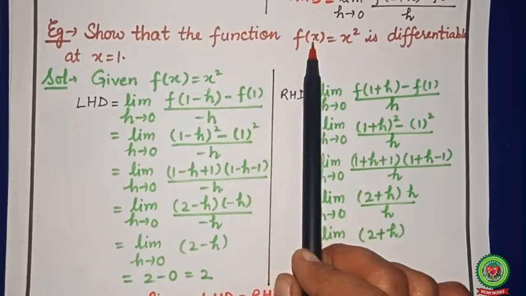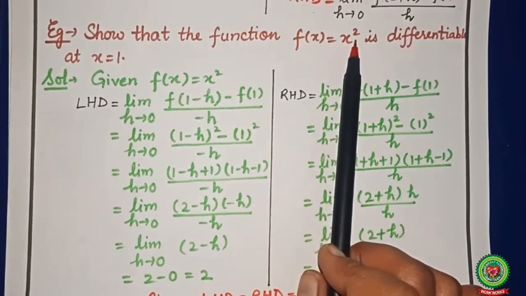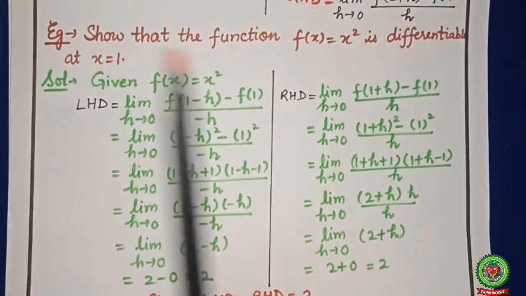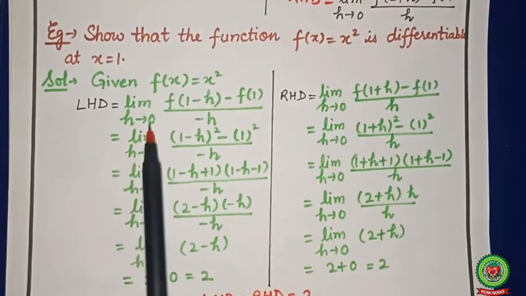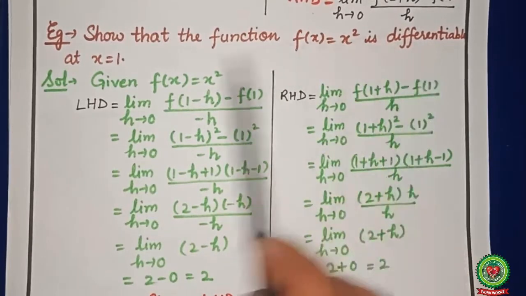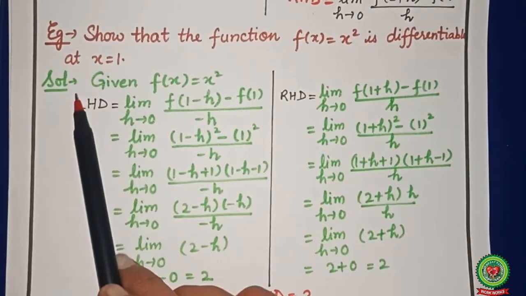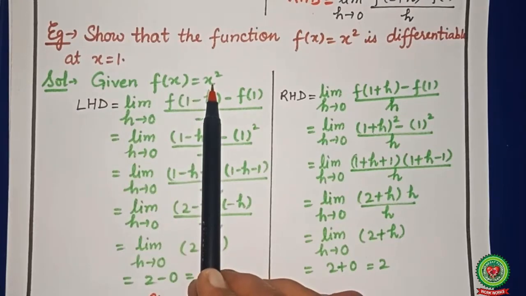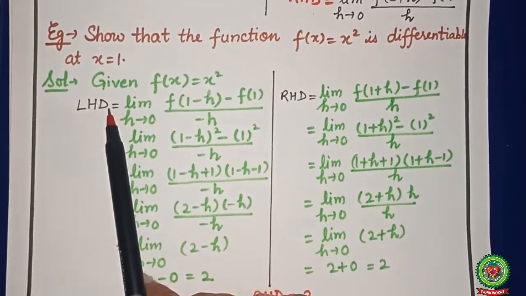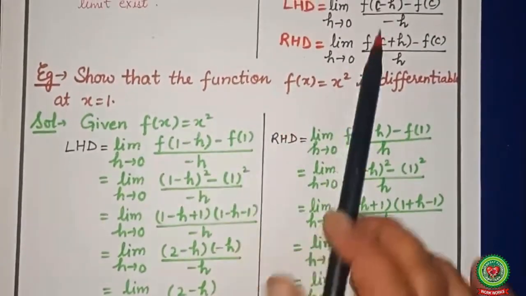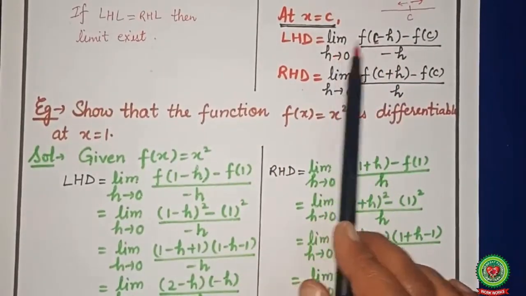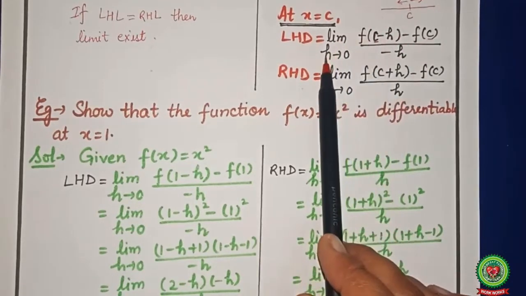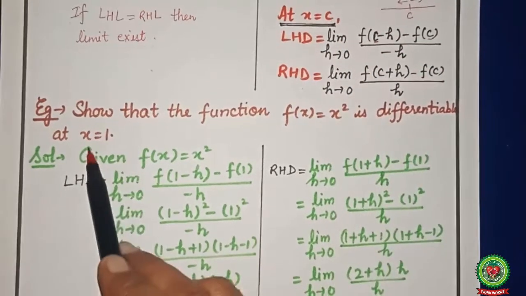Show that the function f of x is equal to x square is differentiable at x equal to 1. Now, we have to check the differentiability at 1. So, given f of x is equal to x square. The left hand derivative formula is limit h approaches to 0, f of c minus h minus f of c upon minus h.